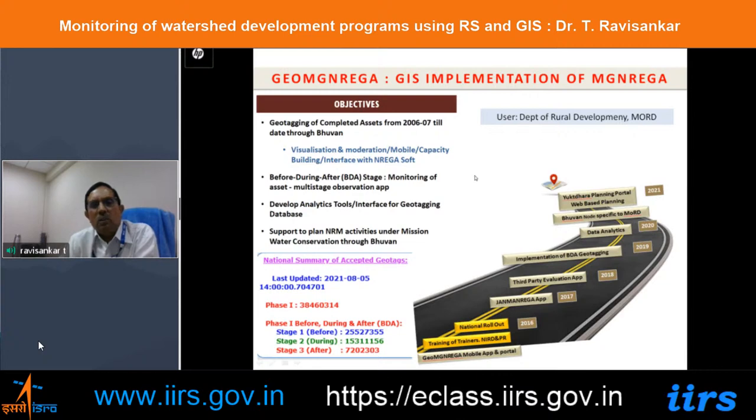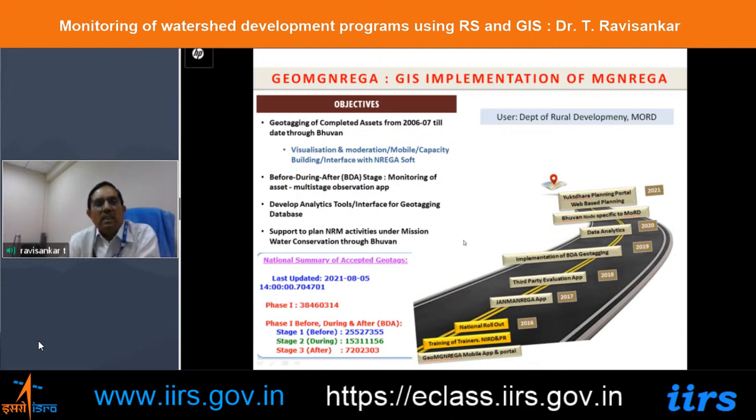It is still going on, and we could develop the Bhuvan portal, then mobile apps, and training was given. In the initial phase, 3 crores 84 lakhs 60,000 geotags are now available on Bhuvan.